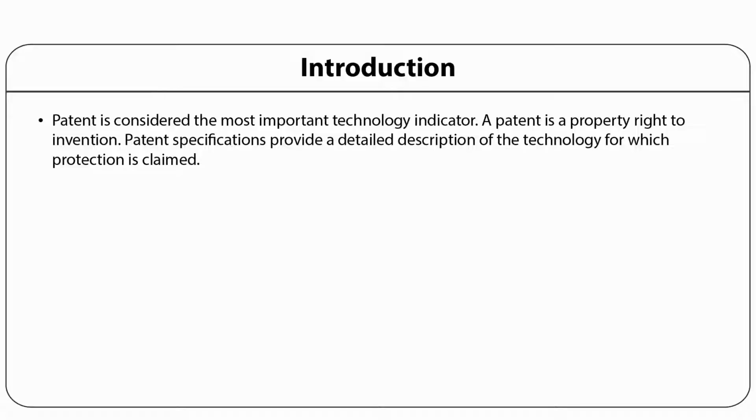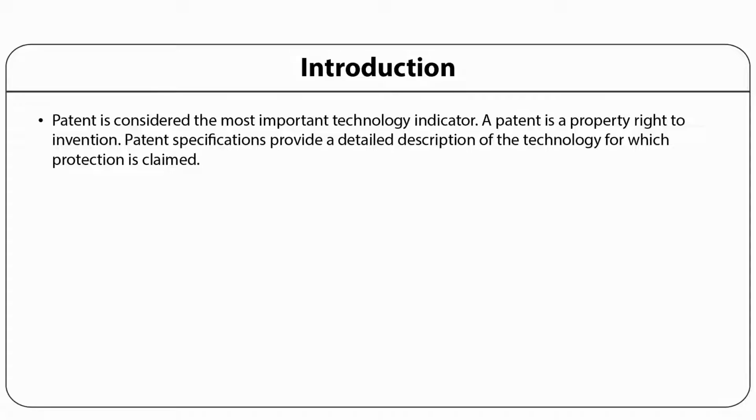These rights have national jurisdiction in which the patent is filed. Rights are applicable for 20 years from the date a patent is filed. Patent specification provides a detailed description of the technology for which protection is claimed. Later I will show you also what is a patent specification.